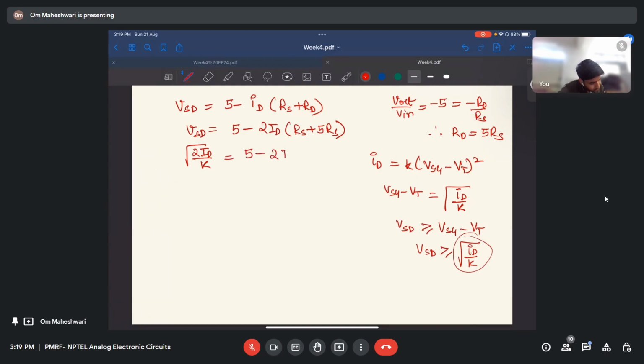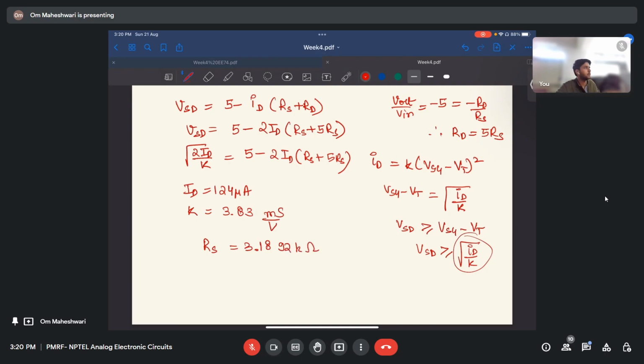So 5 minus 2ID times Rs plus 5 Rs. Now if I put ID equal to 124 microampere and K equal to 3.83 millisiemens per volt, I will get Rs equal to 3.1892 kilo ohms.